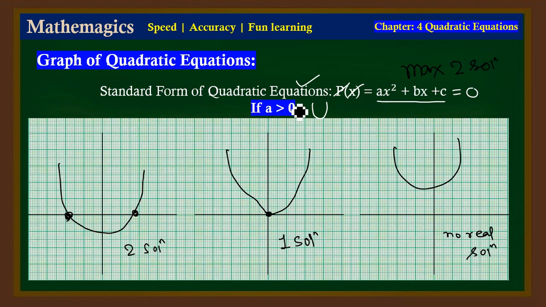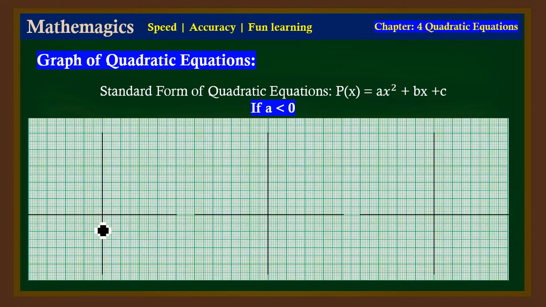Now another condition. Here we have written that a is greater than 0. Now we are going to understand what will happen if a is less than 0. So obviously the graph will be just opposite, like an upside-down U. Here the graph will have three different possibilities. The first one is like this, the second one is like this, and the third one is like this. So there are two different points of intersection, so two solutions.